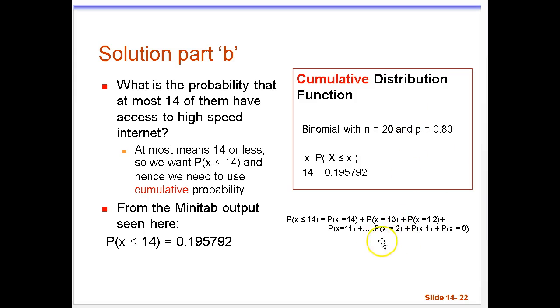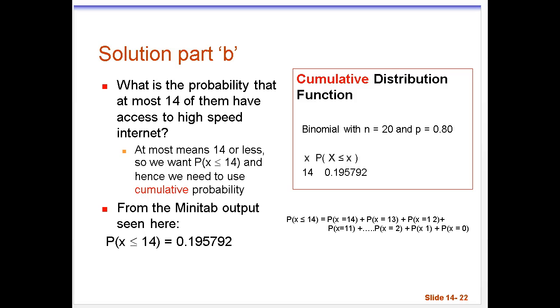All right, so as I said, in order to answer this question, if we did it the really long way, we would have to calculate the probability that x is equal to 14, calculate the probability it's equal to 13, 12, 11, etc., all the way back to x is equal to 0, calculate all of those individually, and then add the whole works up. Now that's way too much work for me.